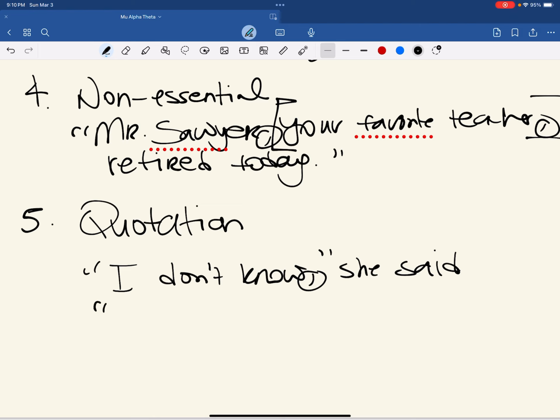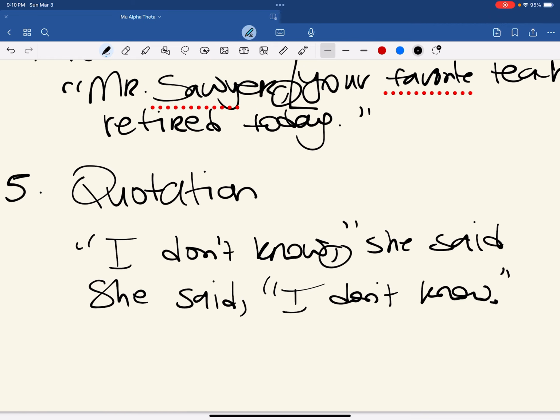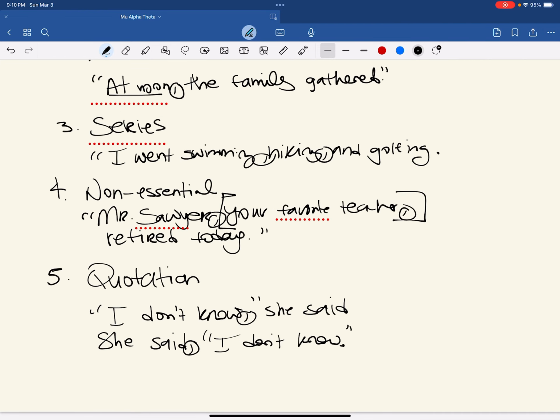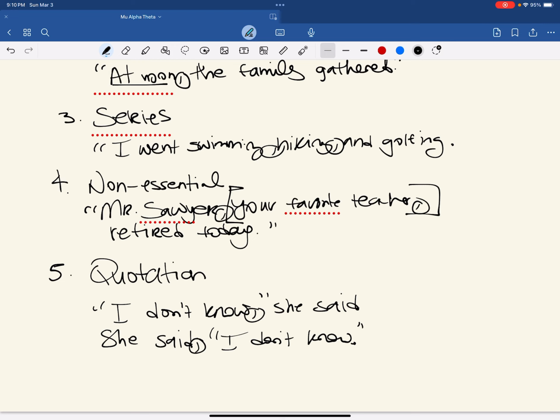Or you could do, she said, comma, I don't know. That is also acceptable when you put the period inside the quotation mark. This comma right before the quote.